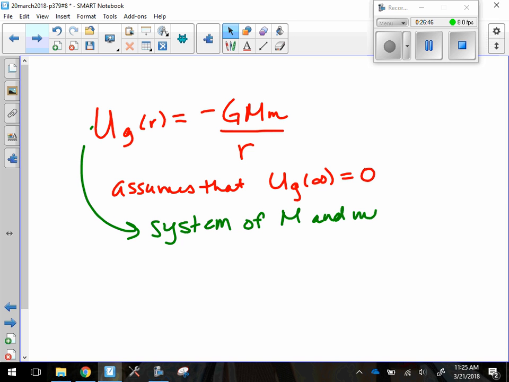It's a property of a configuration of particles. We kind of get lazy about it when one of those particles is the Earth and the other particle is the ball that I'm dropping or the elephant or whatever. But that is no longer true at all. It is purely a function of big M and little m. Okay?